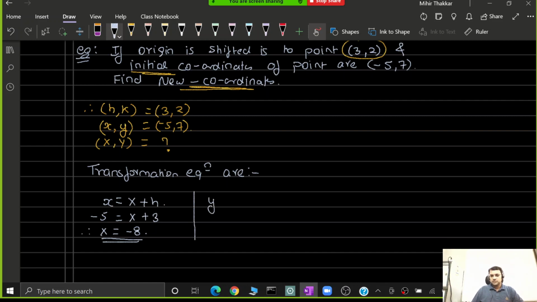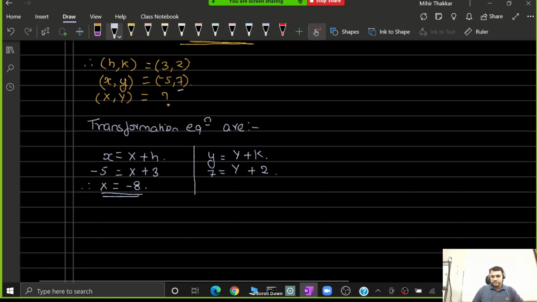Similarly, small y is equal to capital Y plus k. Small y value is 7, so use that 7 over here. We don't know the value of capital Y, so let us write it as it is. k value is given to be equal to 2. If you subtract the 2 on the opposite side, you get capital Y is equal to 5.